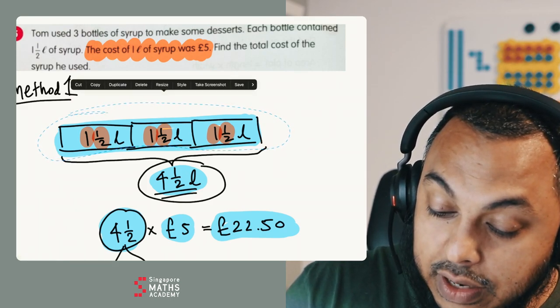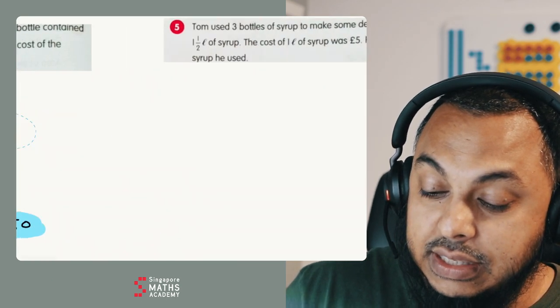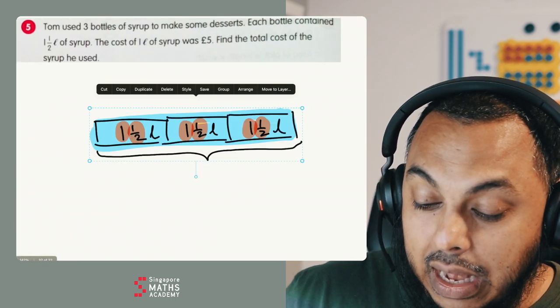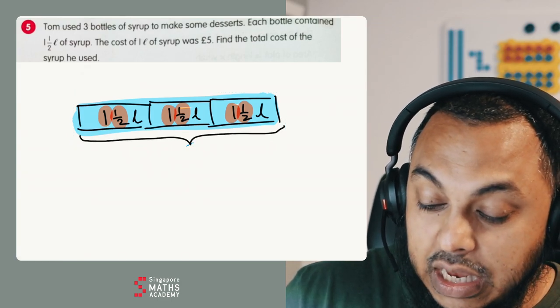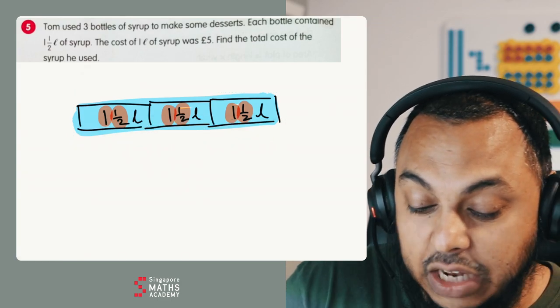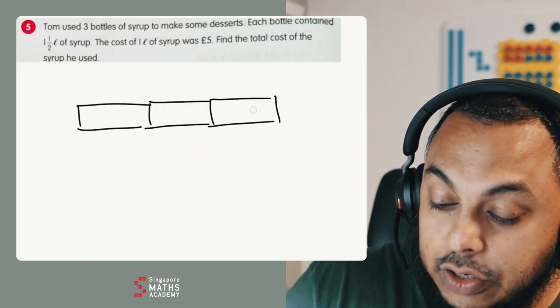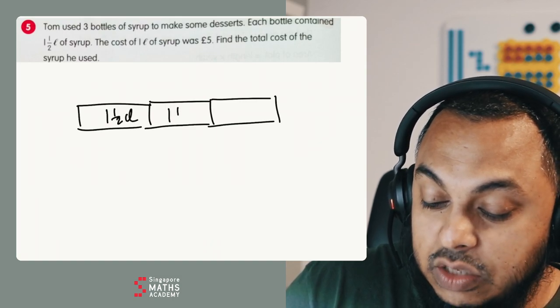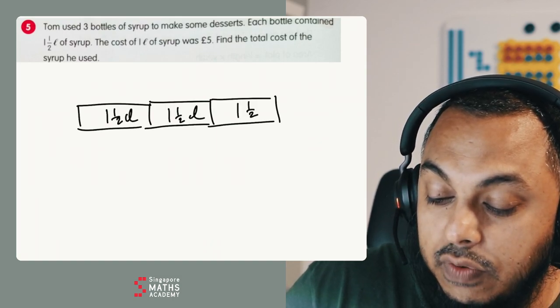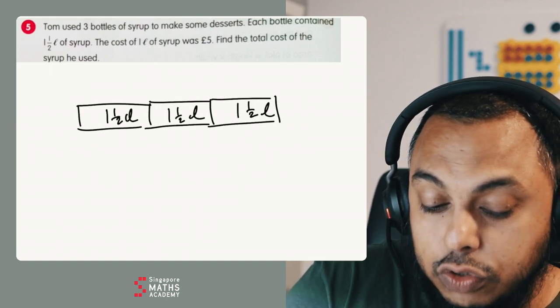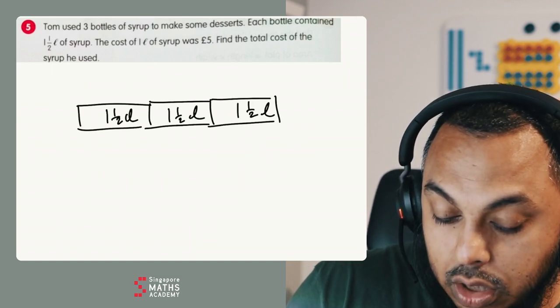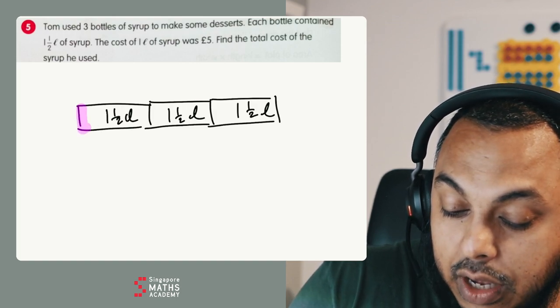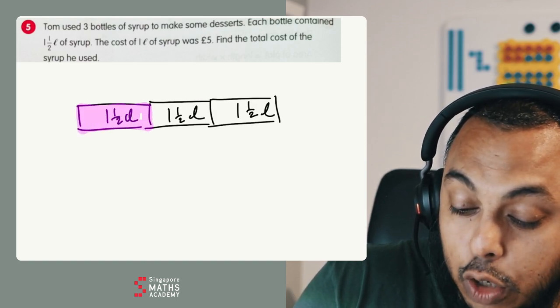If I copy this and put it here, I know all of that is 4.5 now, but let's pretend I don't know, okay? I know that this is 1.5 liters. I know this is 1.5 liters and this is 1.5 liters. I'm just going to concentrate on one of these bars. I'm going to concentrate on one of these bottles only.